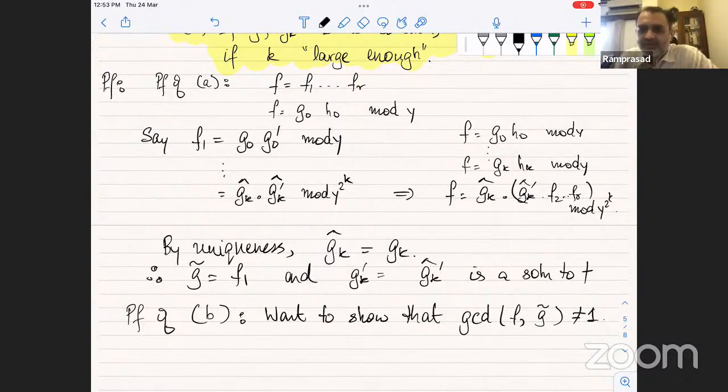I mean, that's what we are trying to somehow argue. Once you see an expression of the form GCD is not 1, you want to show that the GCD between two polynomials is not 1.